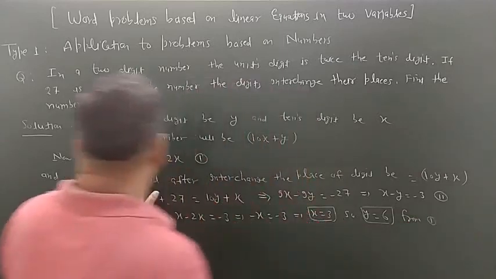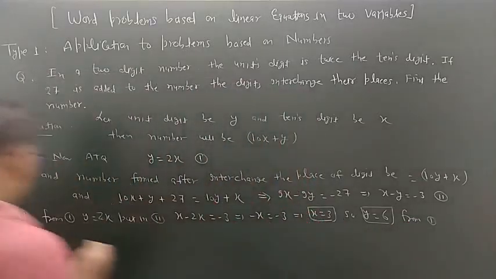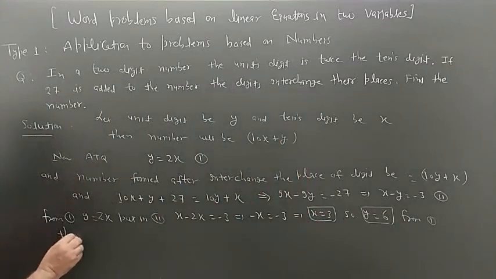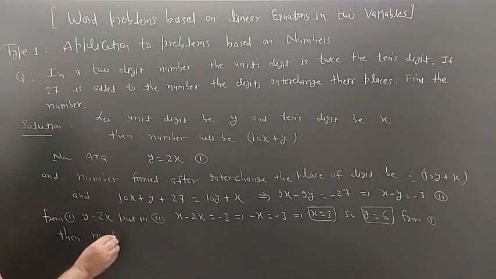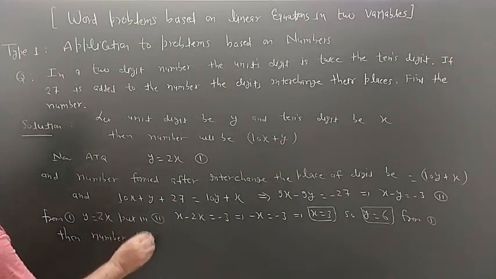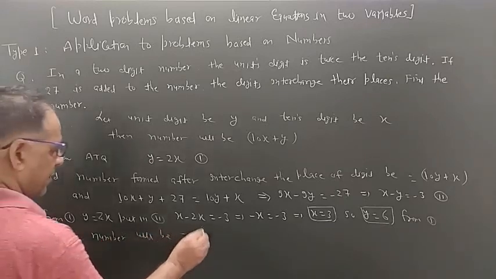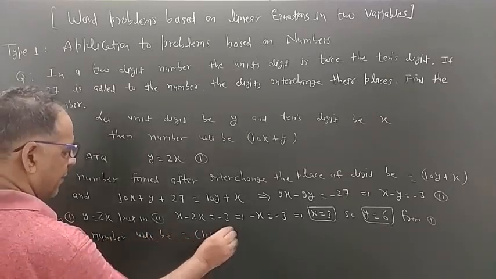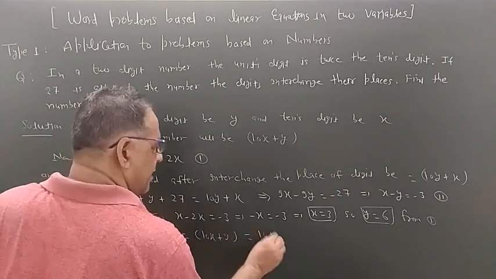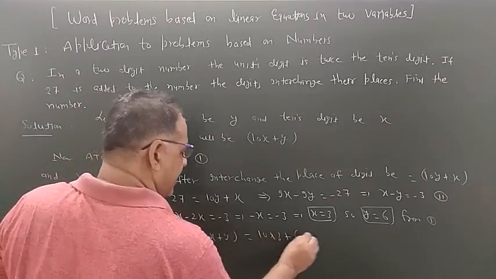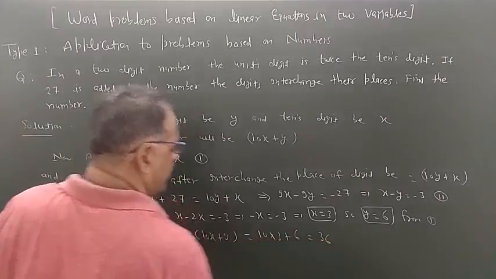Then the number will be 10x plus y, that means 10 into 3 plus 6, this is 36.